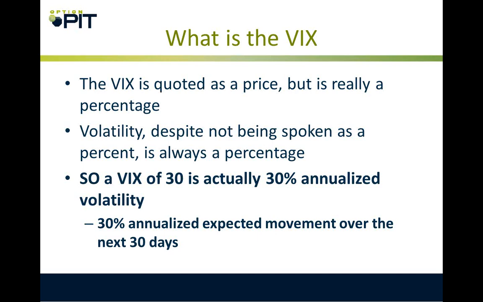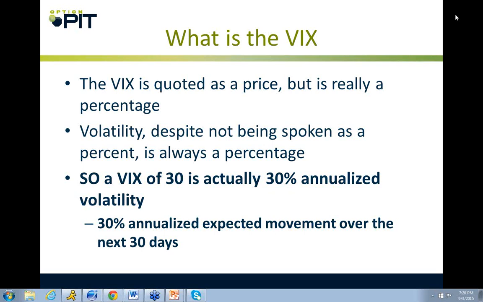So when the VIX is 20, the market of S&P 500 options is saying the SPX is going to move at an annualized volatility of 20% for the next 30 days. That's the key.